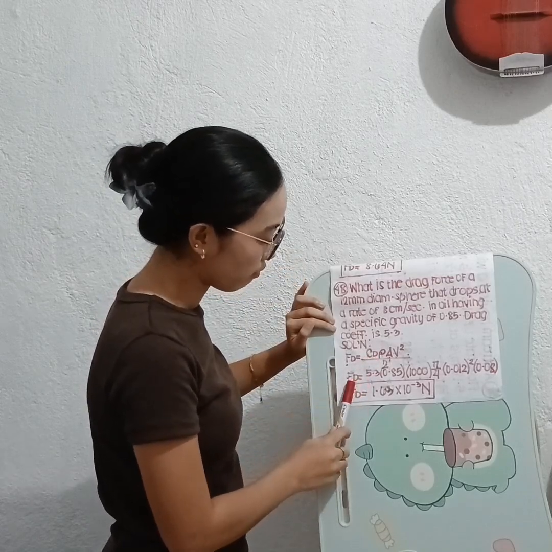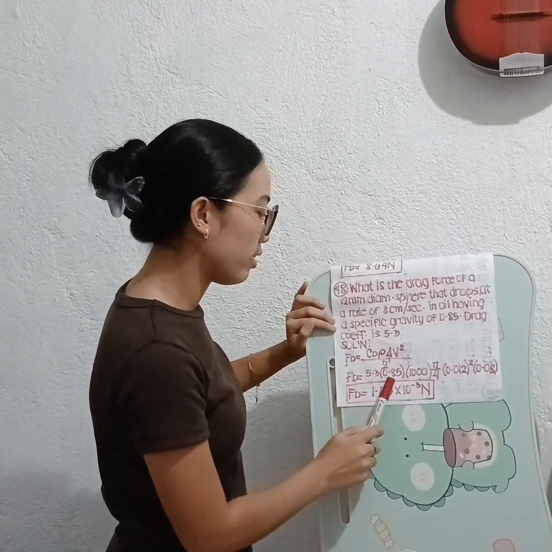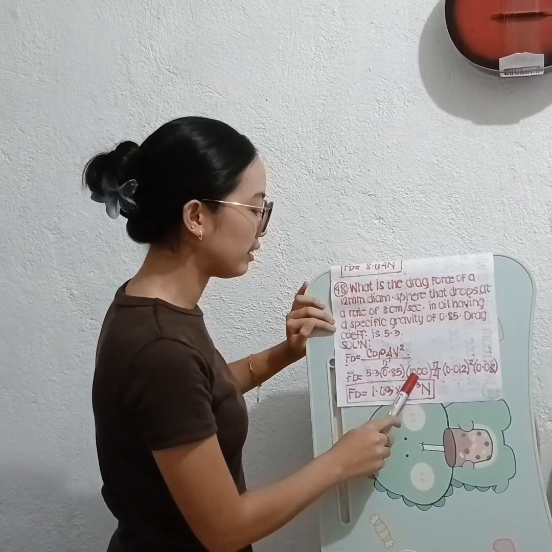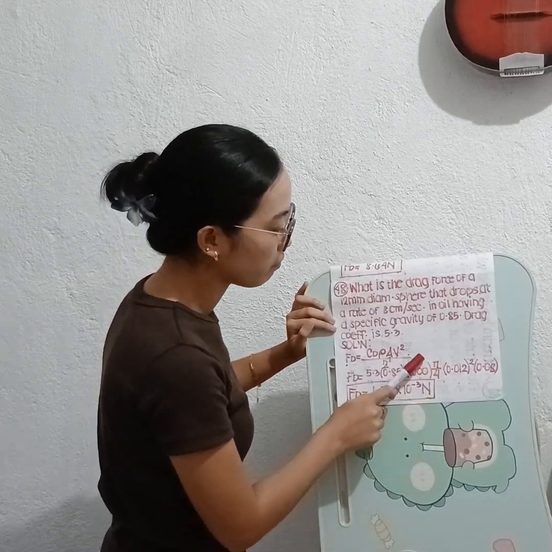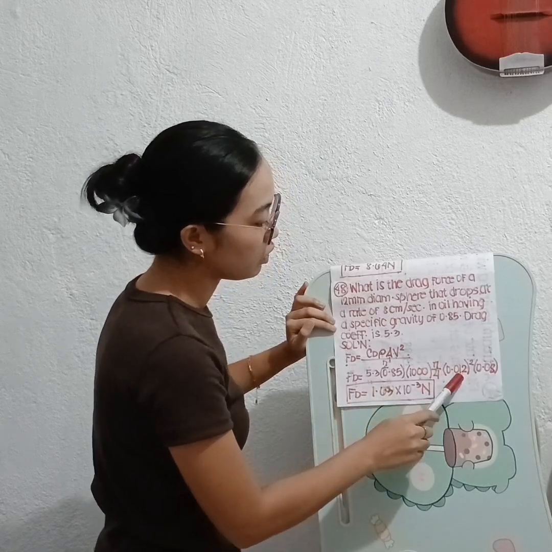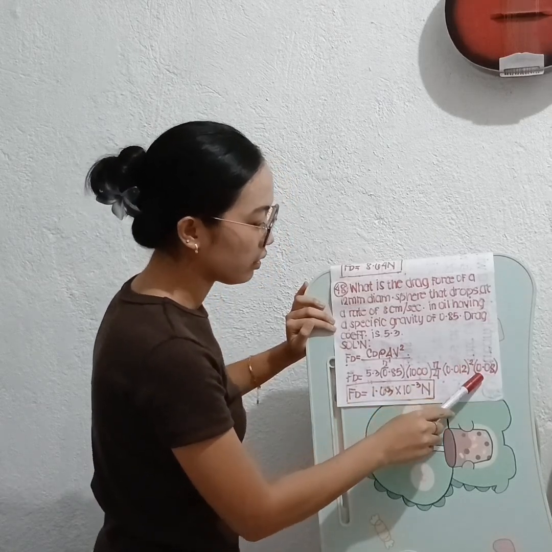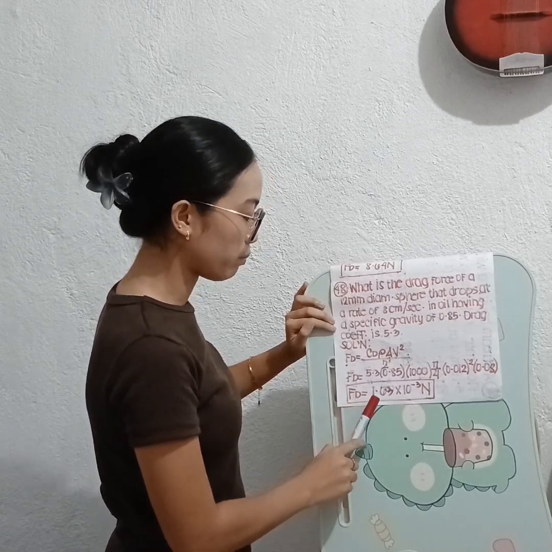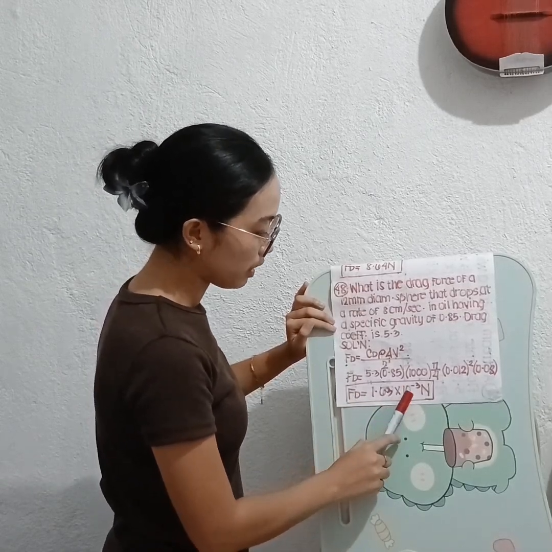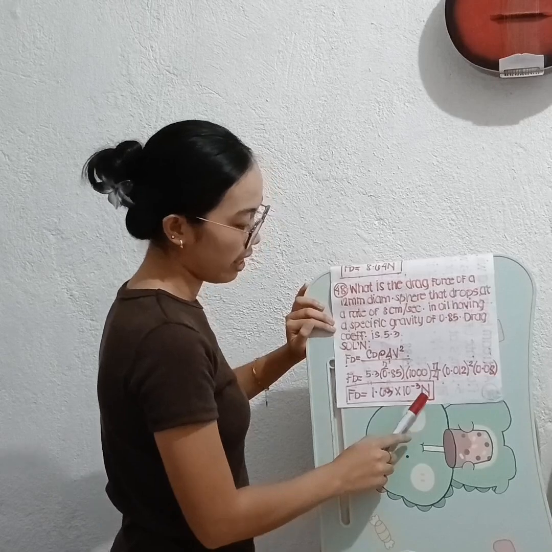So we have FD is equals to 5.3 times 0.85 times the density is 1000 times the area of pi over 4 times 0.012 squared times 0.08. So we have FD is equals to 1.63 times 10 raised to negative 3 N.